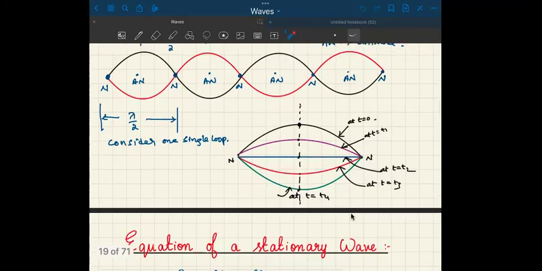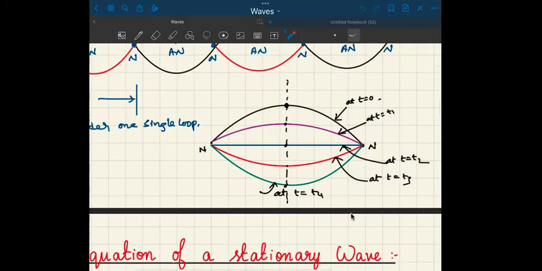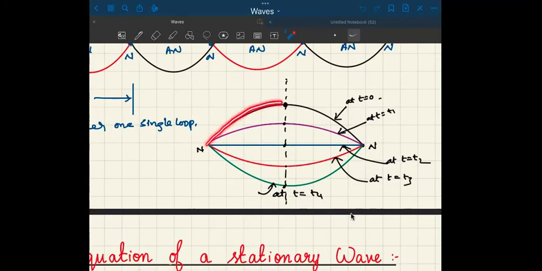Remember, if you focus on one such loop, what happens is, at the instant you have seen, the string is in this position between the nodes. Next instant, it takes a shape like this. Next instant, like this. Next instant, like this. Next instant, like this. So, 1, 2, 3, 4, 5, and again it gets repeated.